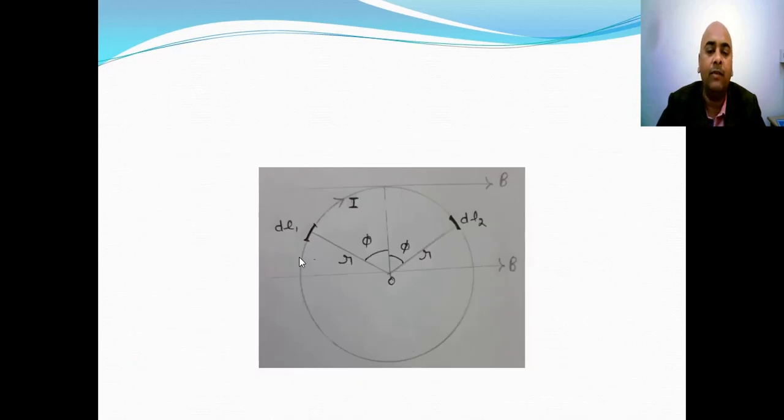That is, this was the loop, and in order to calculate the torque experienced by the loop when placed in magnetic field B, we are considering infinitesimally small elements dl1 and dl2, which are located at angle phi with respect to the reference line, as shown in the slide.